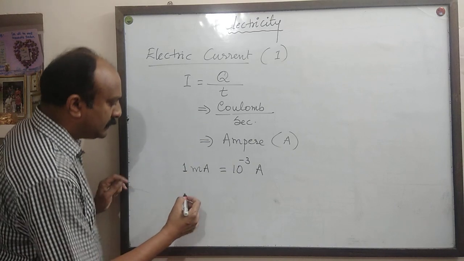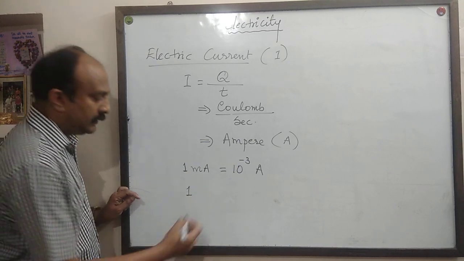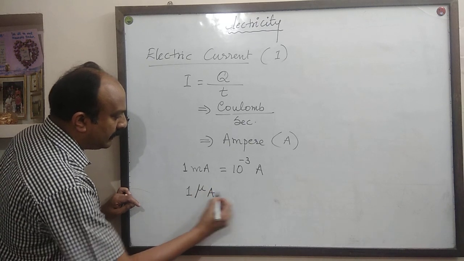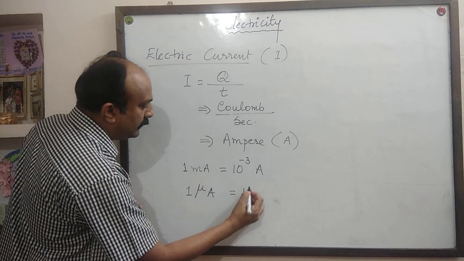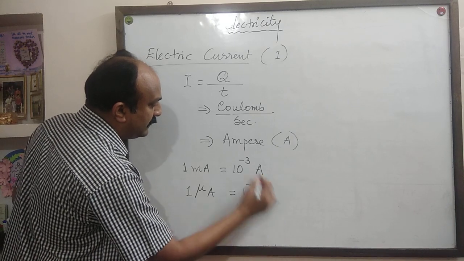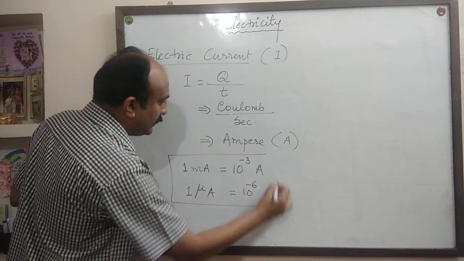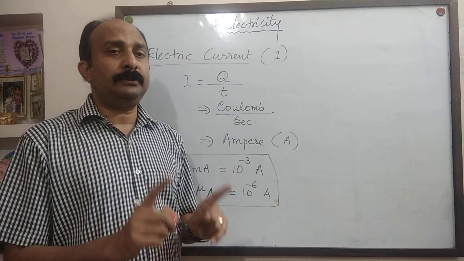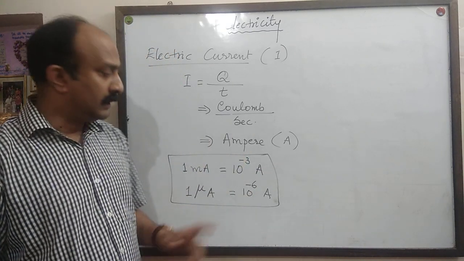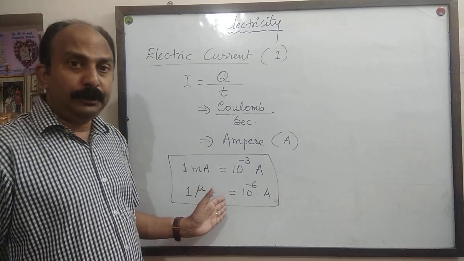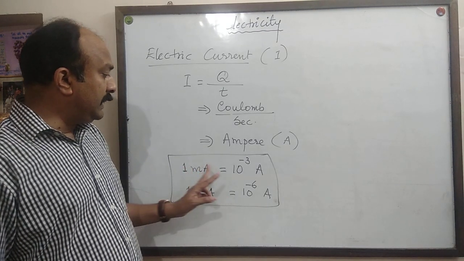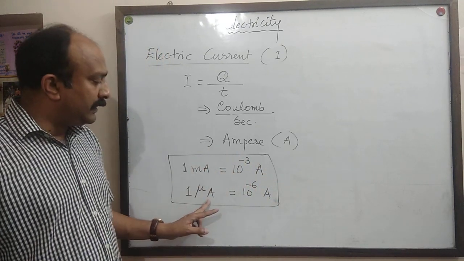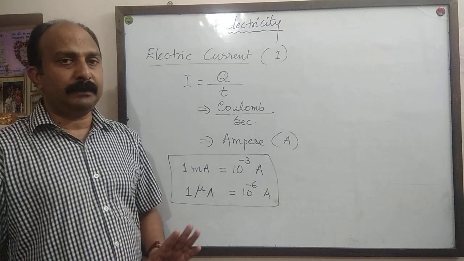Another smaller unit is called microampere. This is the symbol for microampere. 1 microampere is equal to 10 raised to minus 6 ampere. Both these conversions were asked in the 2020 board exam. So remember, 1 milliampere is equal to 10 raised to minus 3 ampere, and 1 microampere is equal to 10 raised to minus 6 ampere.